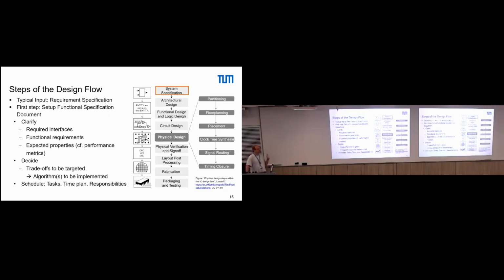In that step, the basic requirements are set. In particular, which interfaces do you have? Which functional requirements do we have? And what are the expected properties? So for instance, do we go for a high performance design? Do we go for a design with low power?